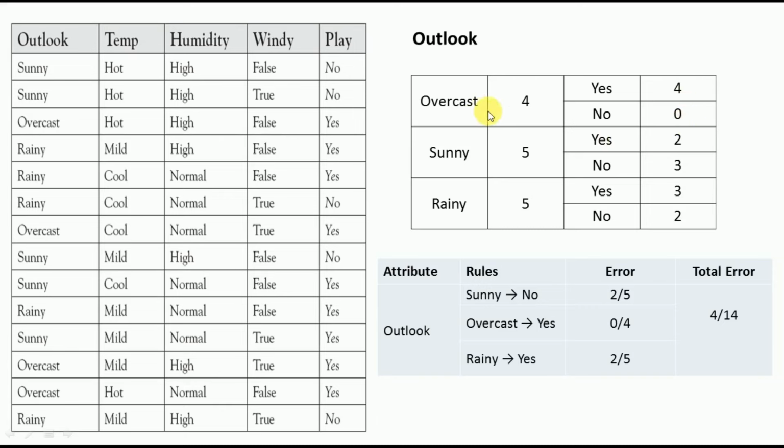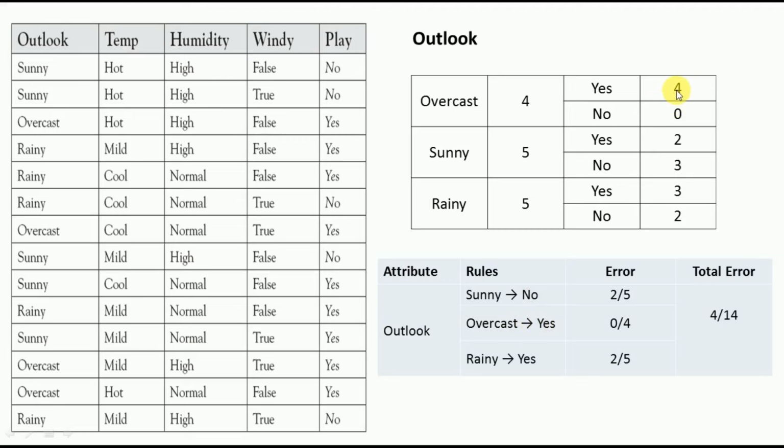But if I make overcast is equivalent to no, I will make 0 correct decisions and 4 incorrect decisions, because there are no overcast-equivalent-to-no cases in our example. So which one am I supposed to select? I should select overcast is equivalent to yes, because I am getting 4 correct decisions here. So that is the meaning here.